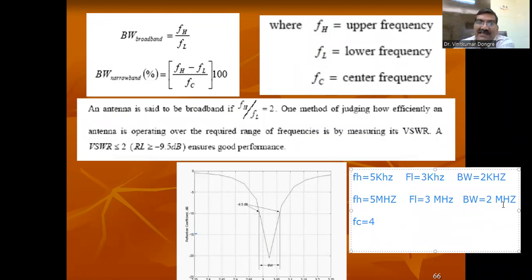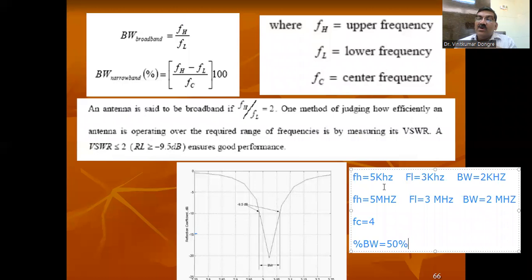So in this sense, the percentage bandwidth of both applications is 50%. Both antennas with reference to the percentage bandwidth are the same. One is operating in megahertz, one is operating at lower frequency, but both antennas have 50% bandwidth.